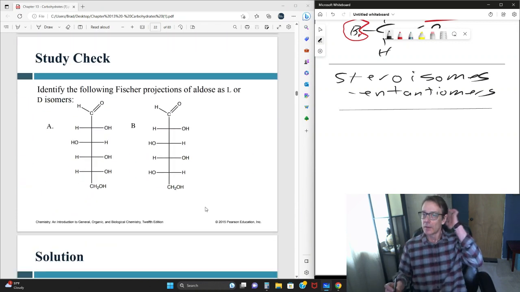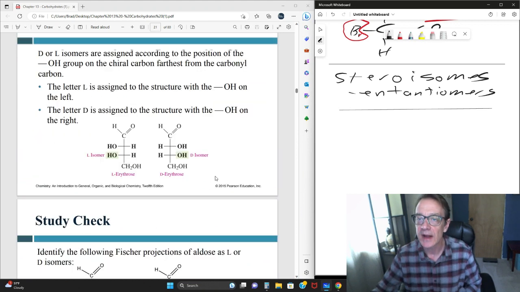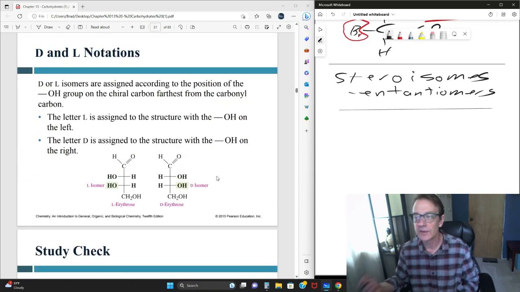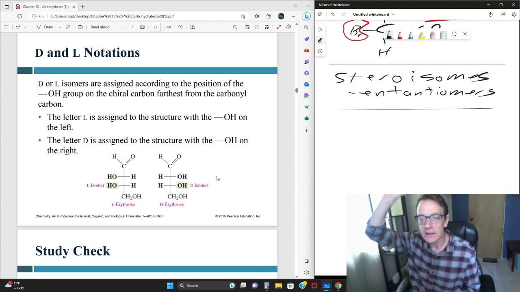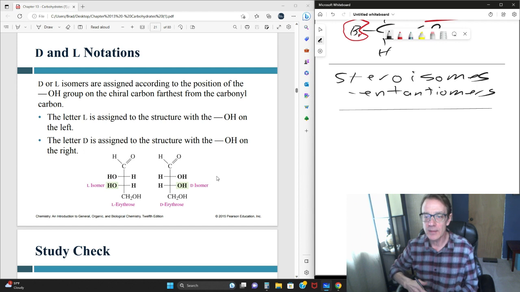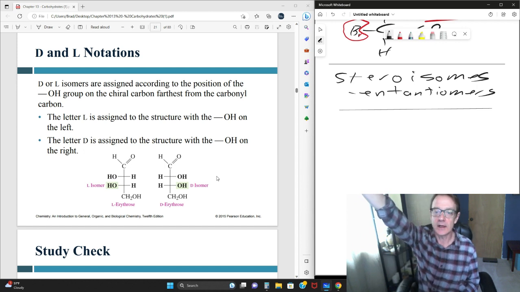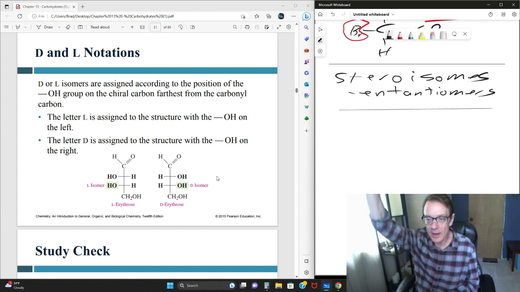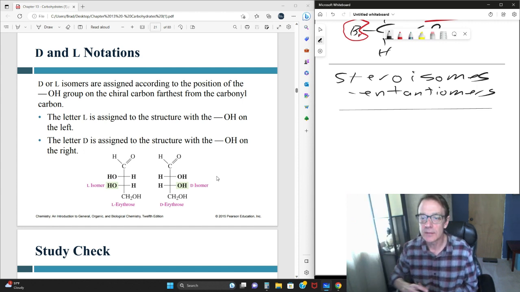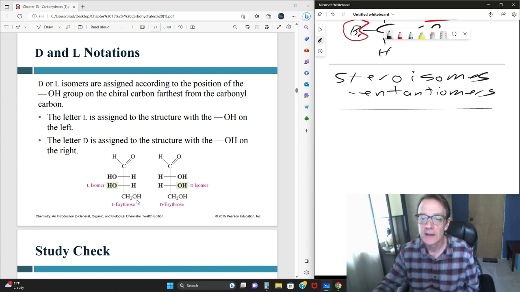Okay. Fischer projections, and I'm just going to introduce the idea of Fischer projections, and we'll get a lot more into this tomorrow. Fischer projections basically run from top to bottom with the aldehyde or ketone located at the top, running down to the furthest away from that.